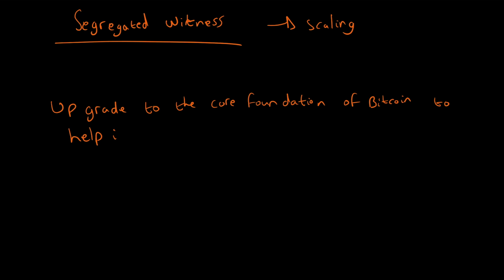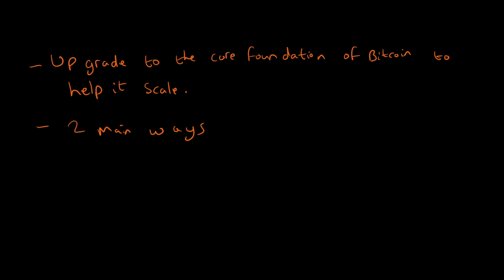It helped it scale in two main ways. The features of the upgrade were two parts really. One was code optimization, which alters how some data is stored to the network.